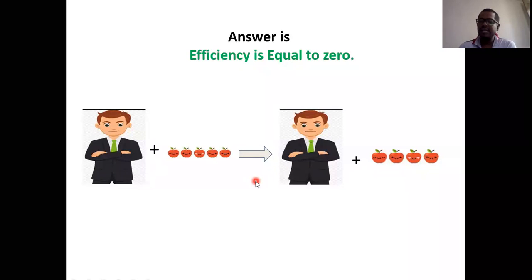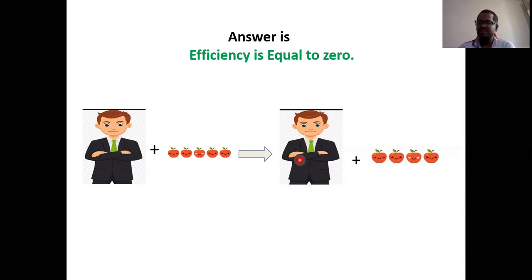But practically, that energy is not wasted; it is utilized by the candidate in order to complete the task. For example, if you did not utilize any energy, meaning in the initial stage you have 5 apples and at the end also you have 5 apples, then there is no utilization of energy by this candidate.